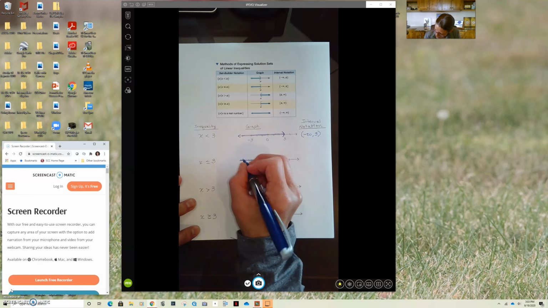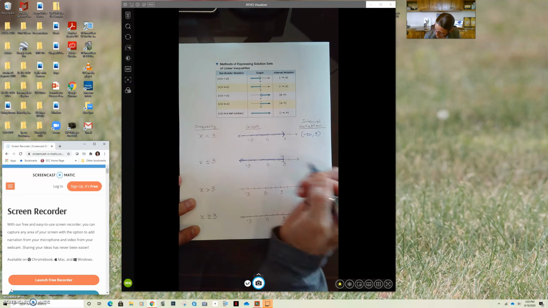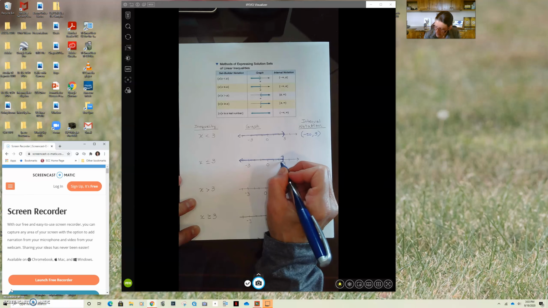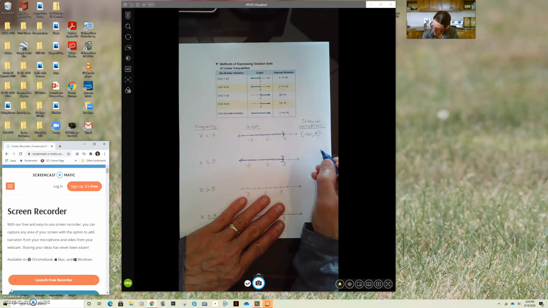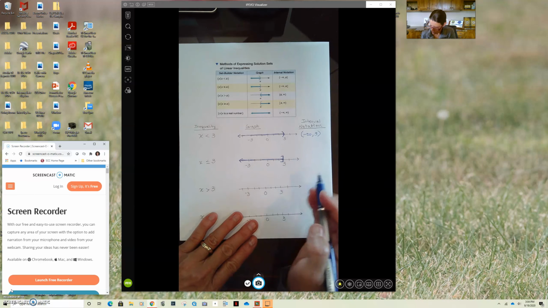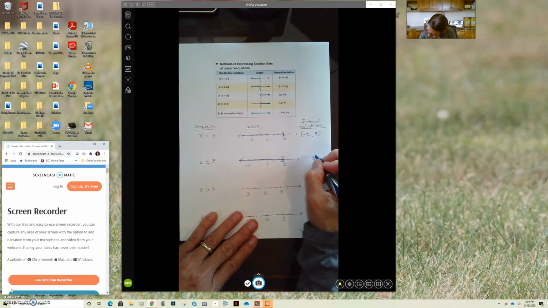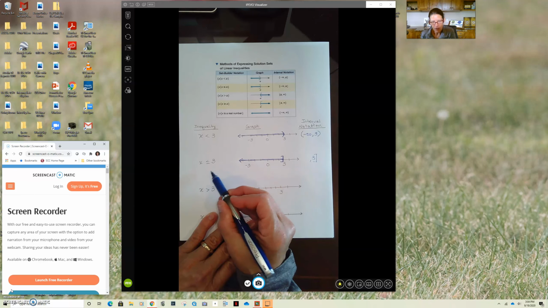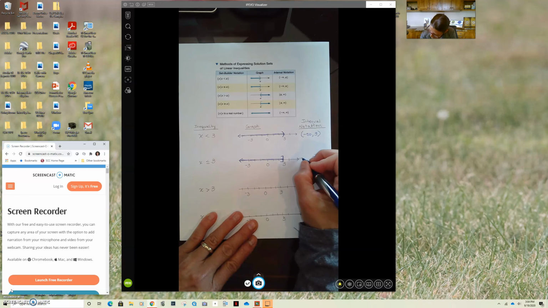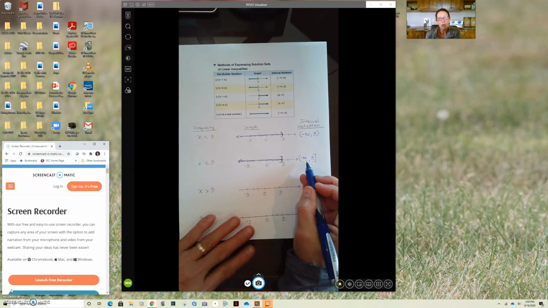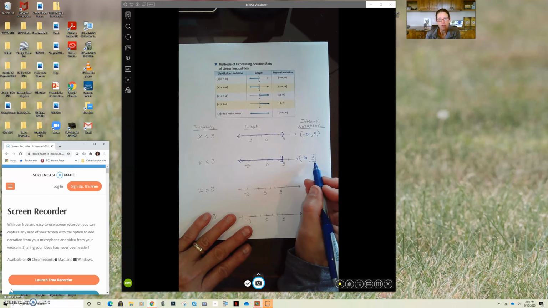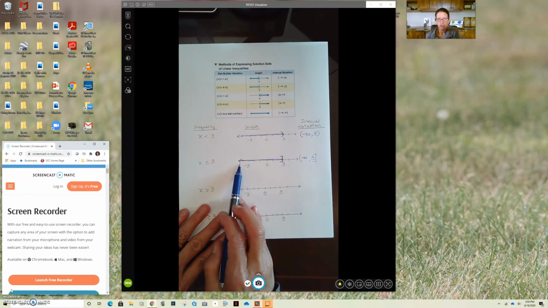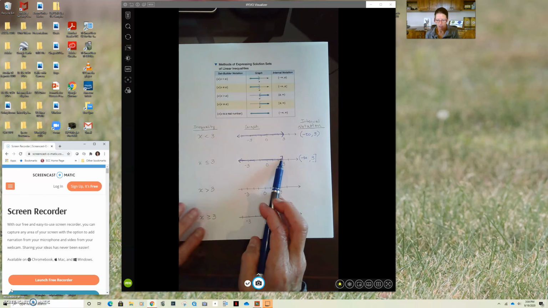Let's shade those values less than 3 and equal to 3 as indicated by the bracket. Corresponding interval notation, we get to include the 3 and all those numbers to the left all the way back to negative infinity. Okay, we always put the smaller value on the left in interval notation to correspond to smaller values on the left with our graphs.